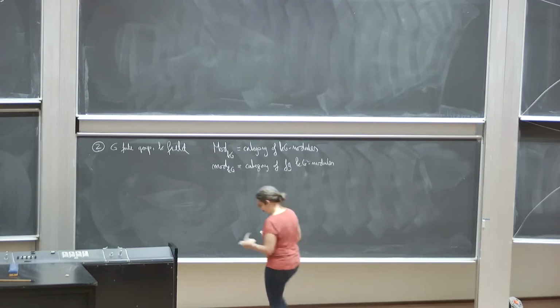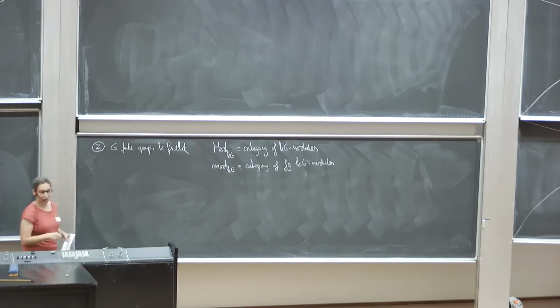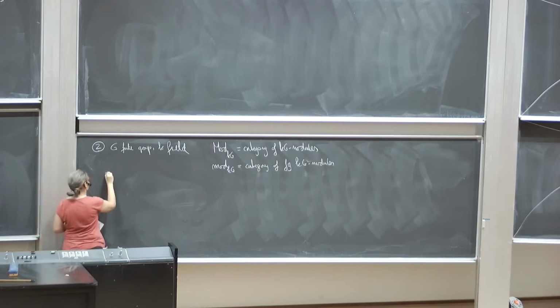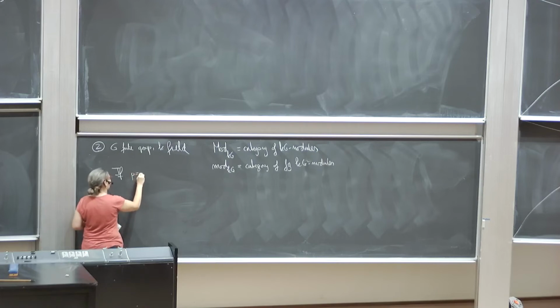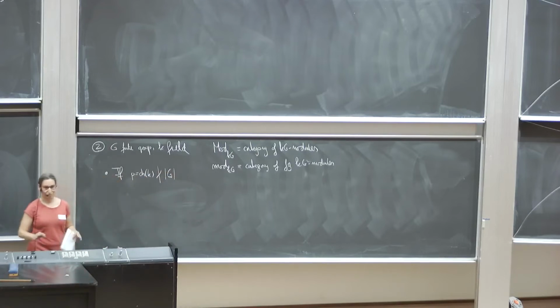The first problem is that depending on the characteristic of the field, the situations are very different. If p, which is the characteristic of the field from now on, does not divide the order of the group, then the situation is manageable.